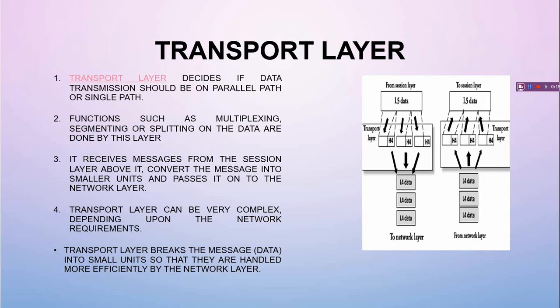So the transport layer is also known as the heart of the OSI model. The transport layer breaks the message into small units so that they are handled more efficiently by the network layer. So the data is split up into small units, and the small unit is known as a segment in the transport layer.